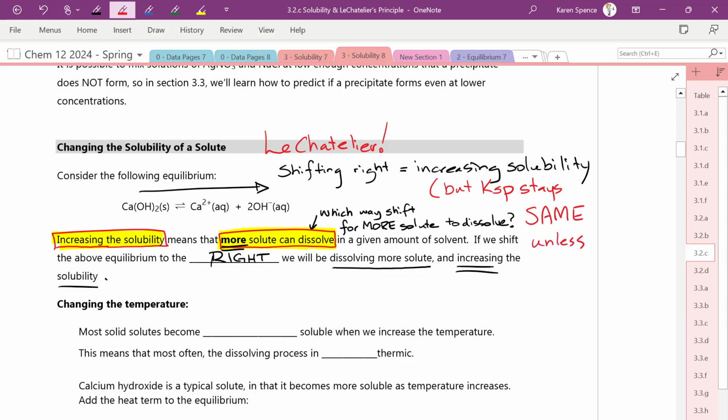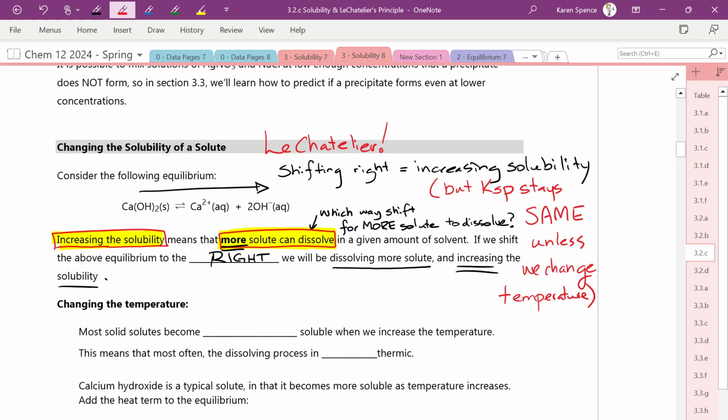Unless temperature increases. We change the temperature. So we can change the solubility but keep the KSP the same, or we can change the temperature, which will change both the solubility and the KSP, okay?